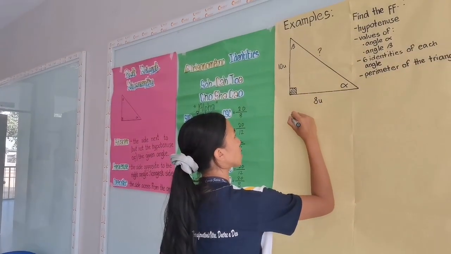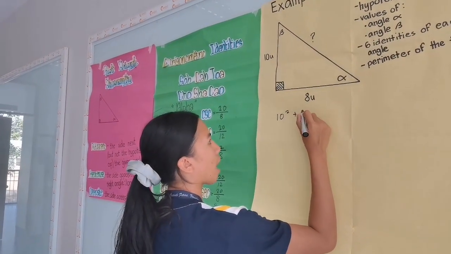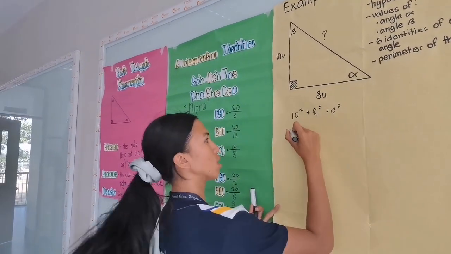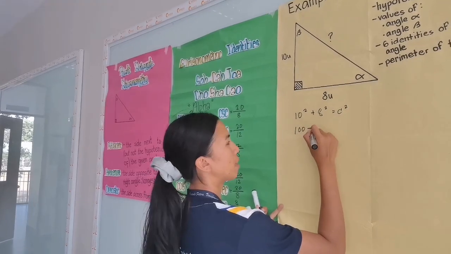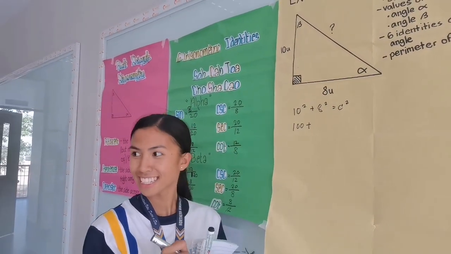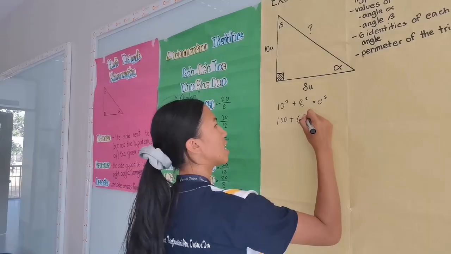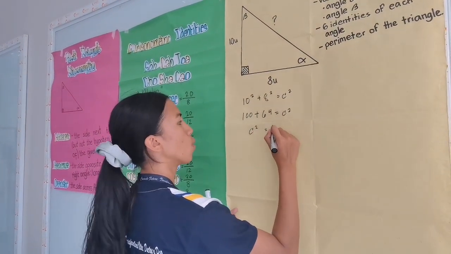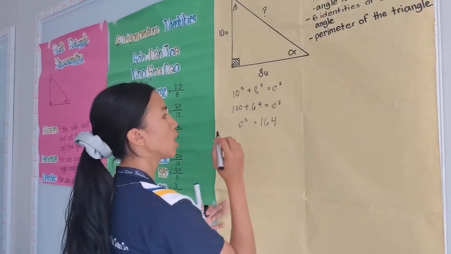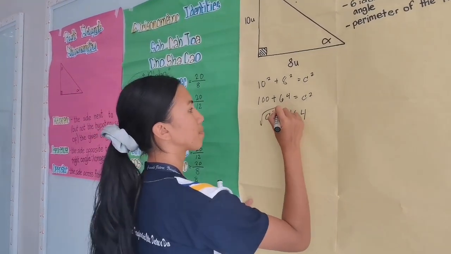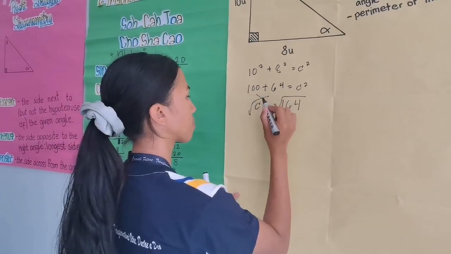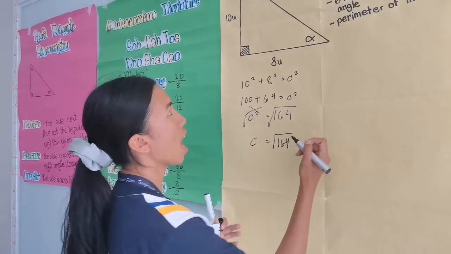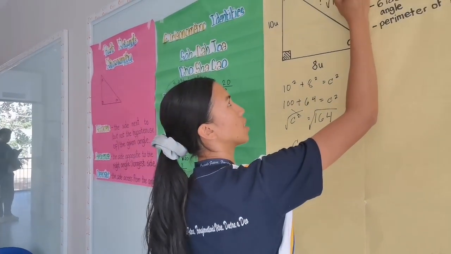So we have 10 squared plus 8 squared is equal to c squared. 10 squared is 100 plus 8 squared is 64, which is equal to c squared. So c squared is equal to 164. To get c, we square root both sides. Therefore, c is equal to the square root of 164. Our hypotenuse is the square root of 164.